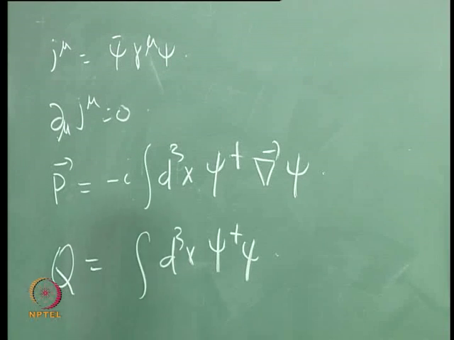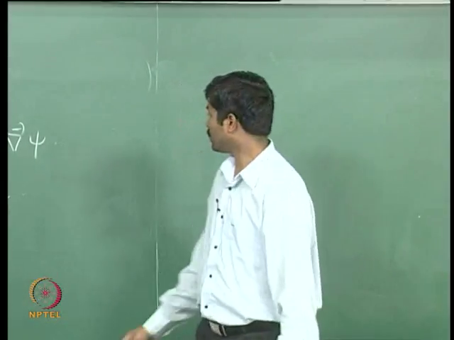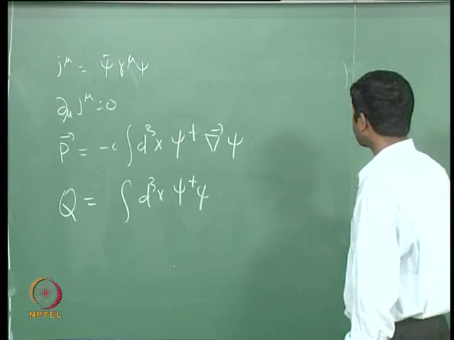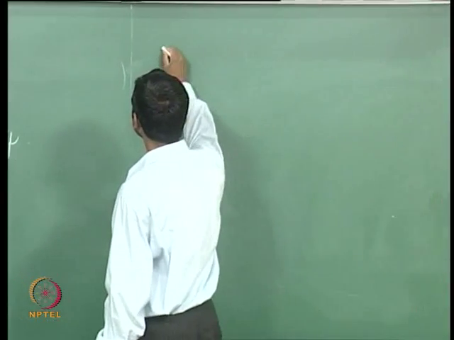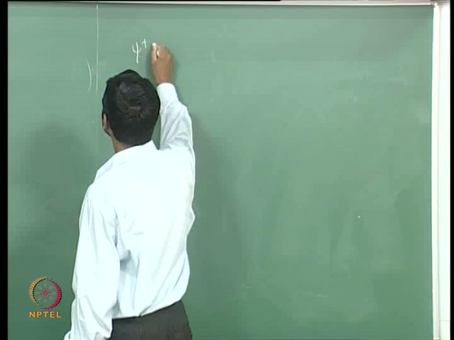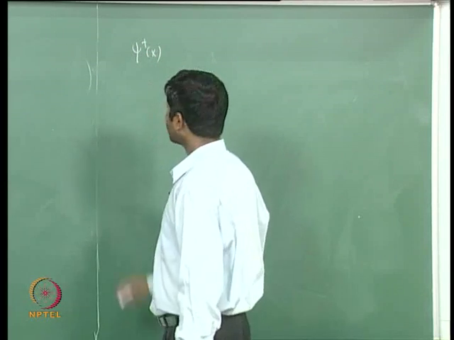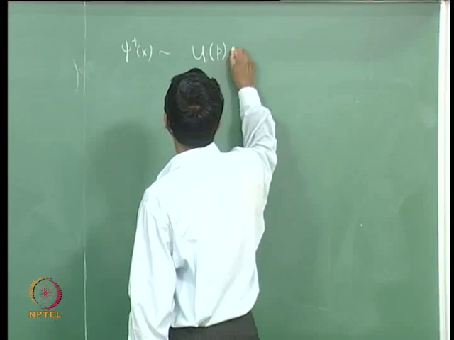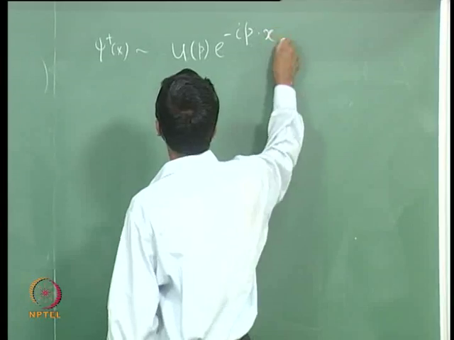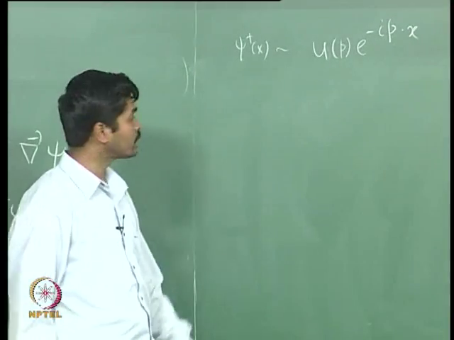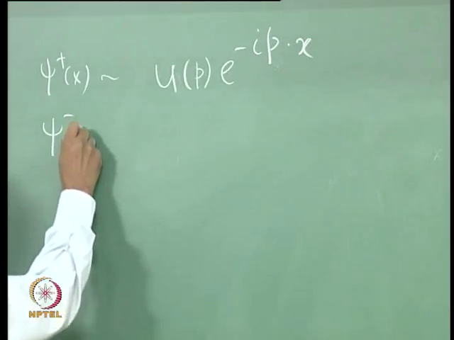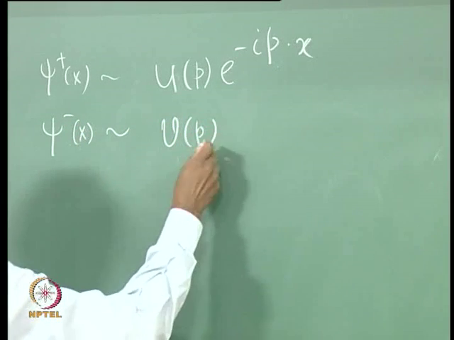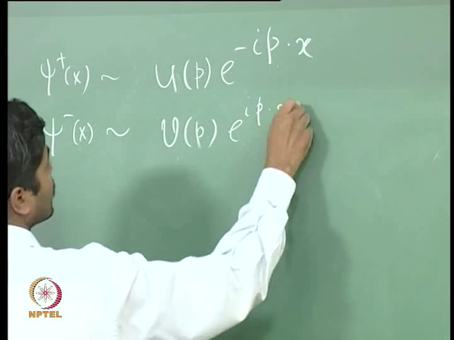As usual, we will consider both positive frequency as well as negative frequency modes. The positive frequency modes, I will denote them by psi plus of x, which will go like u of p e to the power minus i p dot x, and the negative frequency modes I will denote as psi minus of x, which will go like v of p e to the power i p dot x.